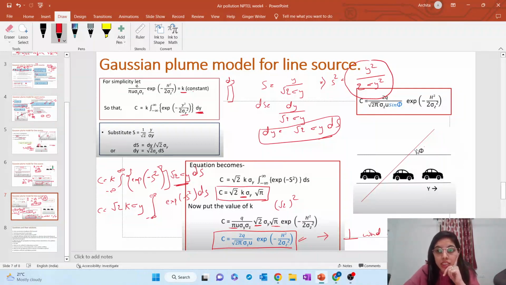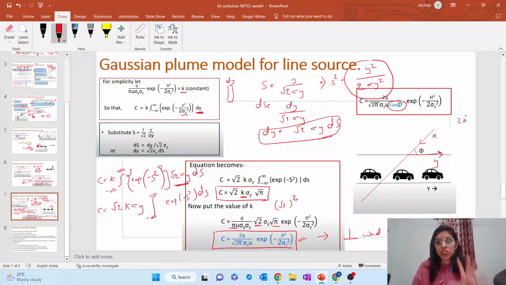In that case it is acting at an angle phi with y. So here one more term they have included, which is sine phi, to resolve this conflict, since wind can have any direction, within the range of above 20 degrees. So that is for the line source.